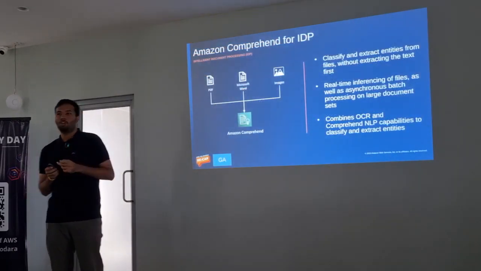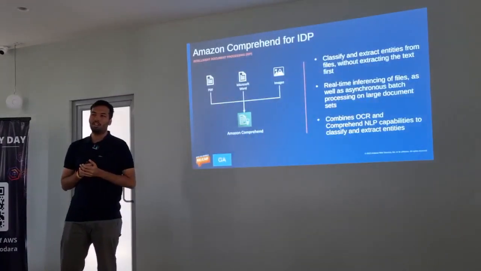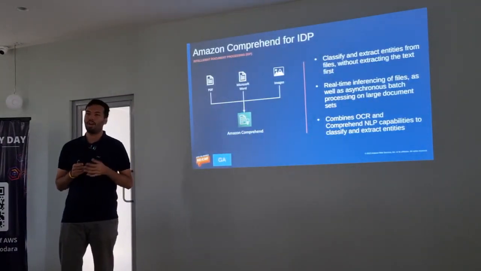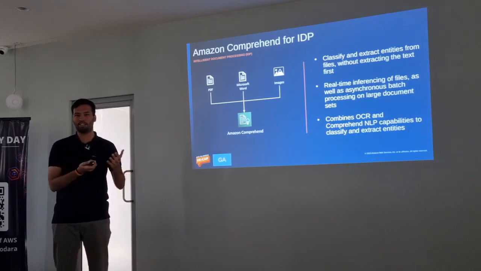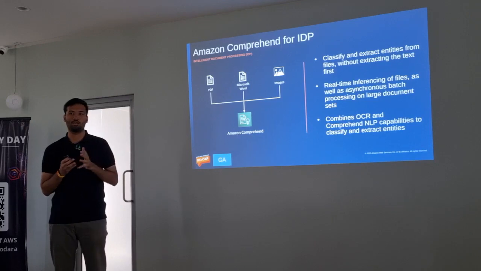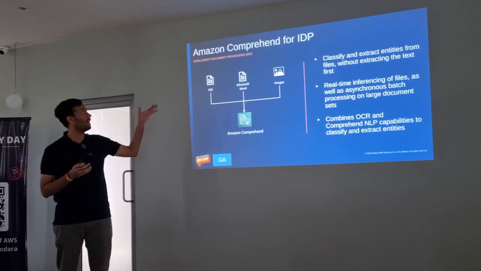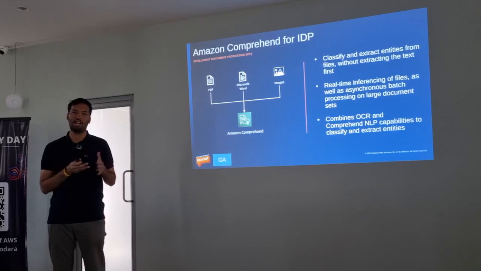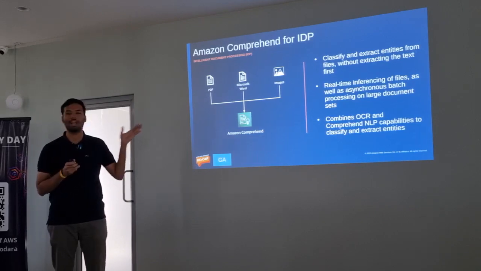For intelligent document processing, earlier Amazon Comprehend was used. You had to extract the data out of Amazon Textract, and then give the text to this Comprehend API. This is an NLP based engine focused totally on language, and it would do the analysis based on the language.